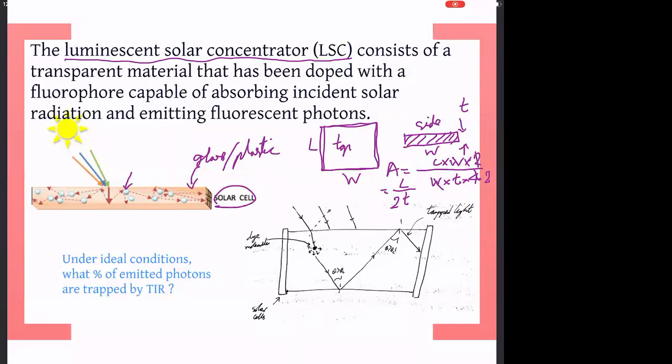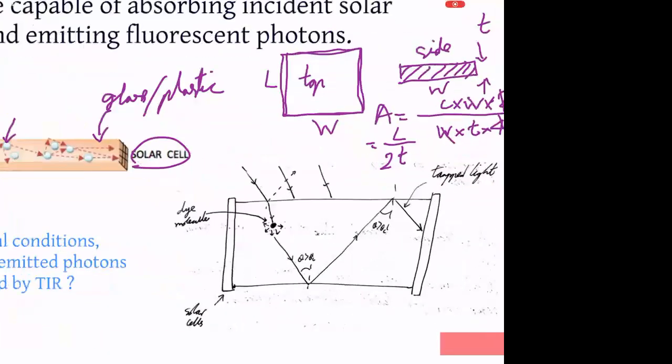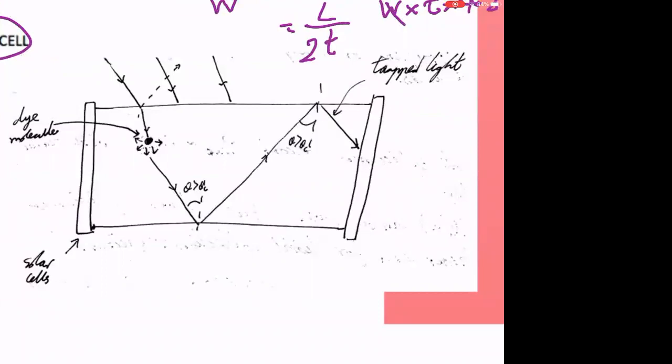Now, let's also think about the fact that there's light trapping that needs to happen. Now, what does that mean? We've seen this before. Again, just to understand the physics of what's happening, light comes in, of course, from the sun, and it refracts into the material following Snell's law.